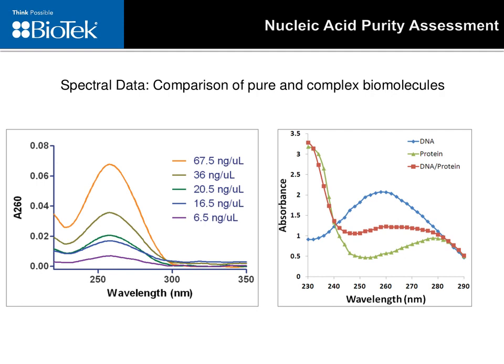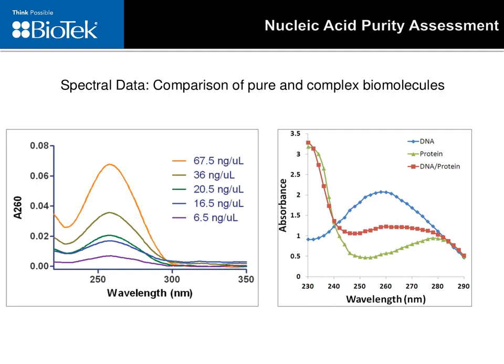The data indicates the ability to perform spectral analysis on these samples down to the low nanogram per microliter range. The values shown here represent 2 microliter samples normalized with blank data, and they've been normalized to a 0.5 millimeter path length.